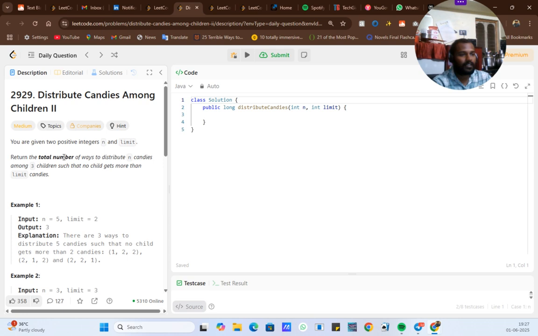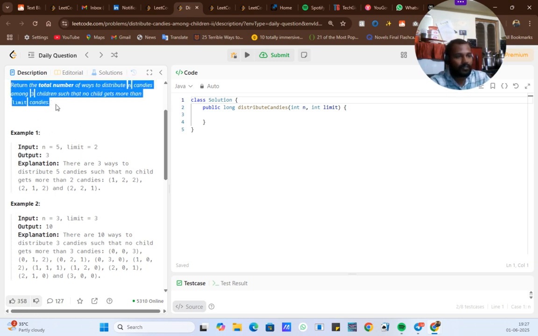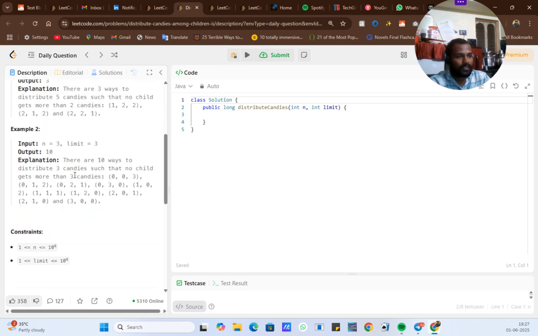Return the total number of ways to distribute candies among three children such that no children gets more than limit candies. So a child should get only up to the limit of candies, and we have to return the number of ways we can distribute among the three children.